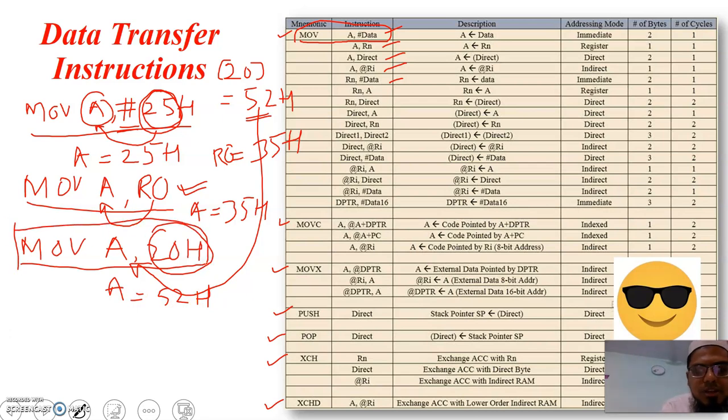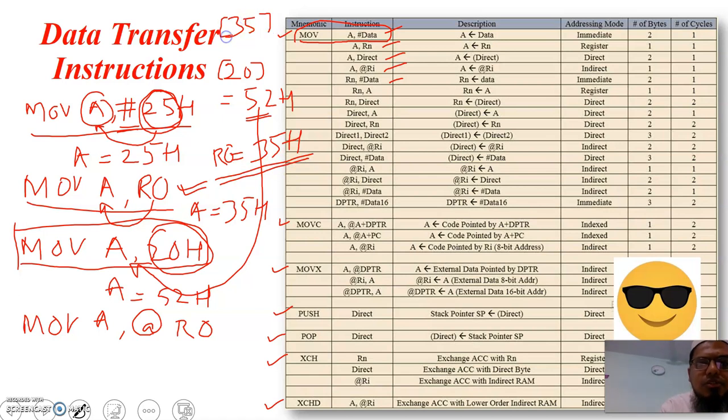Take another example. Move A comma at the rate R0. Okay, so R0 was having the value 35, and say the memory location 35 is having a value equal to say 45h. So after this instruction, this is an indirect addressing mode.